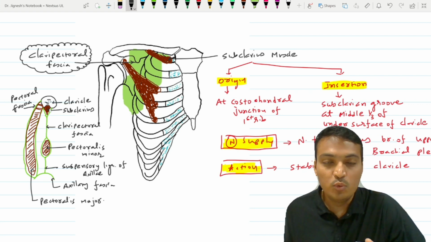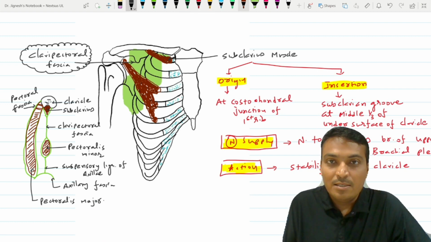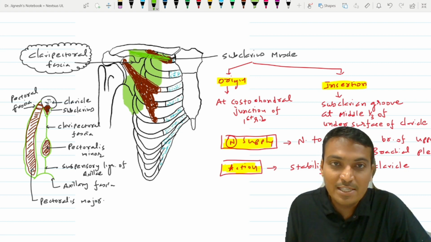Now let's move on to one important thing regarding the clavipectoral fascia. In its uppermost part, it extends from the coracoid process to the first costal cartilage, and the uppermost portion of this area is thickened. This thickened portion of the clavipectoral fascia, which extends from the coracoid process to the costal cartilage, is called the costocoracoid ligament.